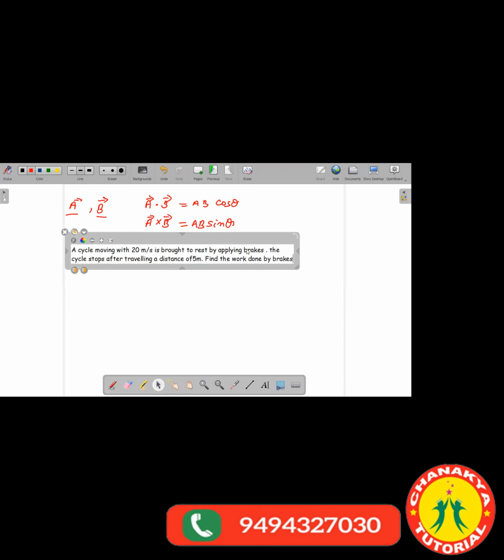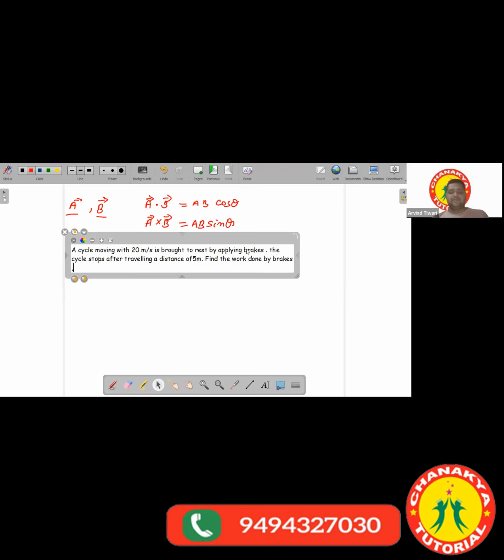Find the work done by brakes if brakes apply a force of 35 Newton on the wheels.